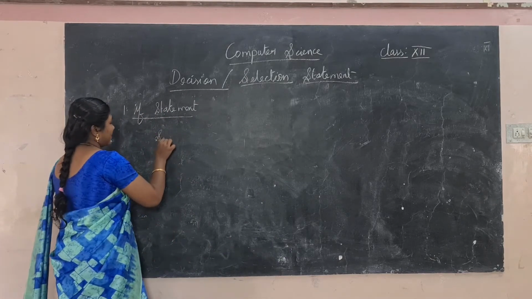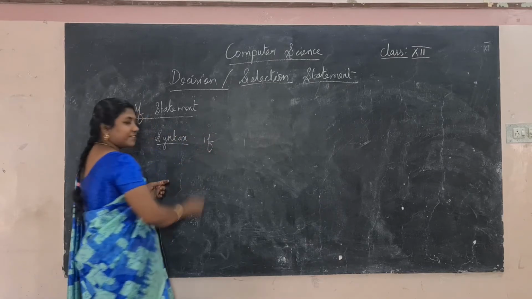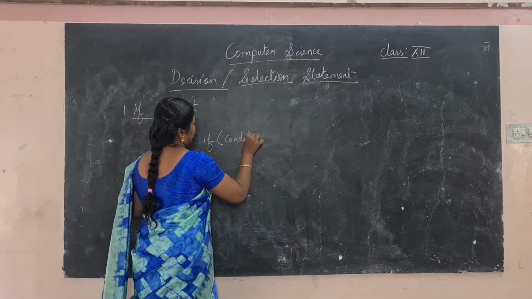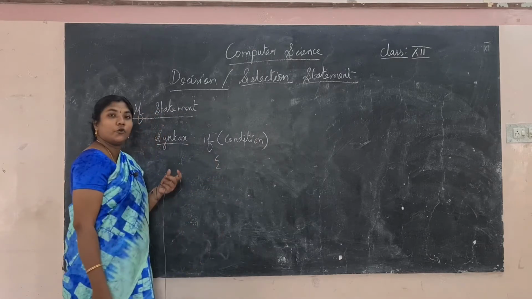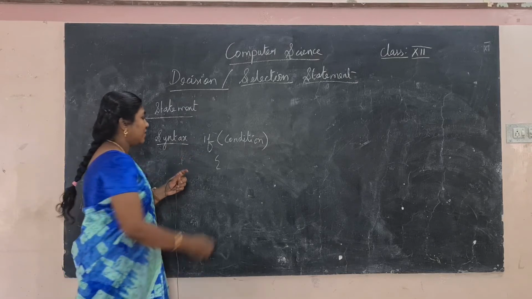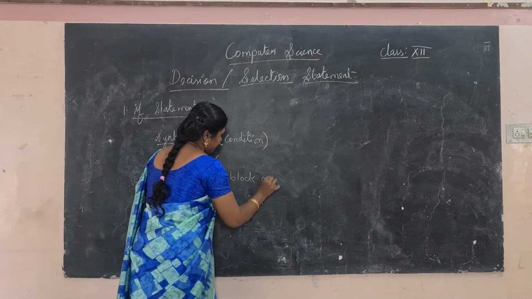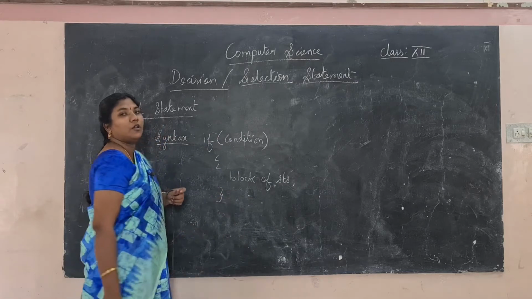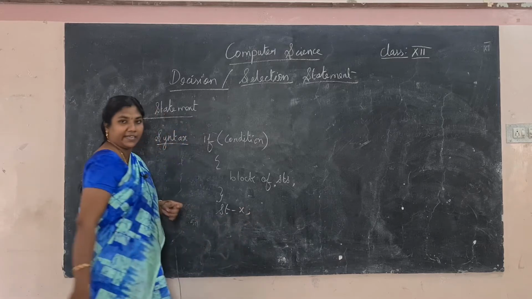So if is a keyword, and within brackets you give the condition. Then the set of statements, the block, which is enclosed within open and close curly braces. Next I give the block of statements, then close it, and next I will have the next statement, statement X.